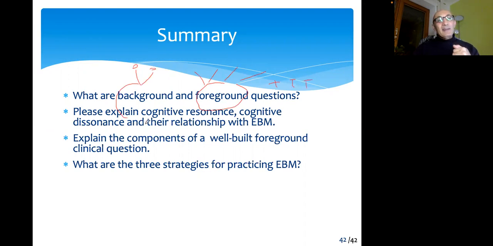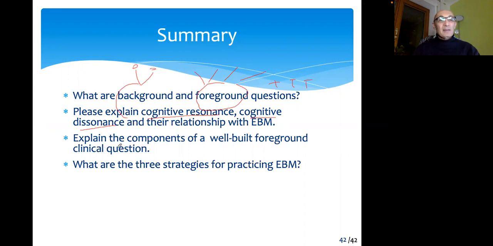Okay, and we discussed today cognitive resonance, cognitive dissonance. So what it means, you can actually apply this knowledge to your social life, daily life. So please try to learn what these terms mean.